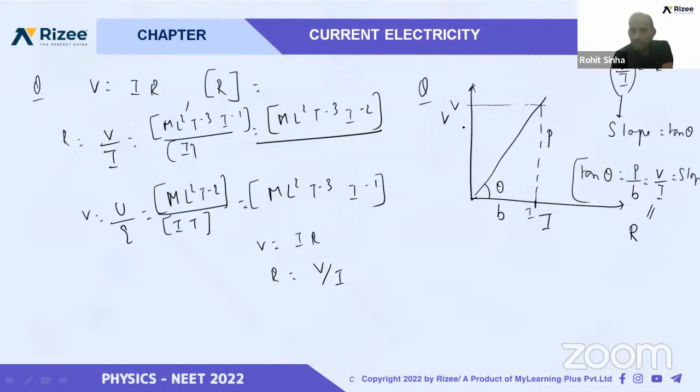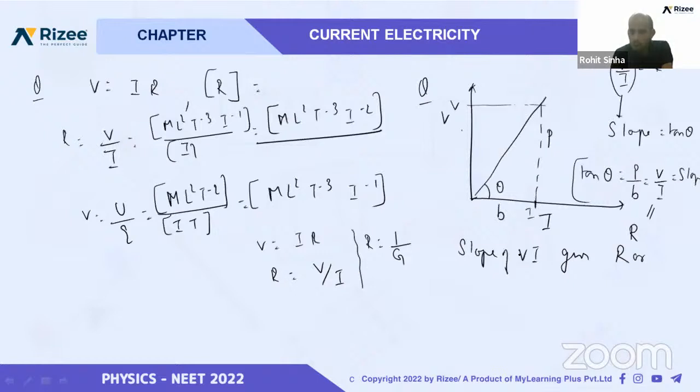So we can say that the slope of the VI graph gives R. One more thing, we know that R is equal to 1 by G, where G is conductance.